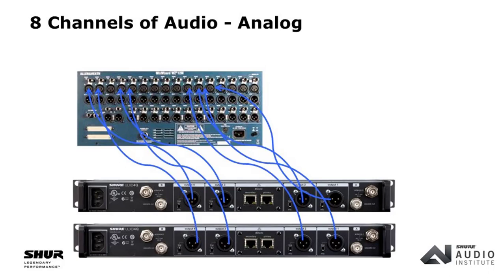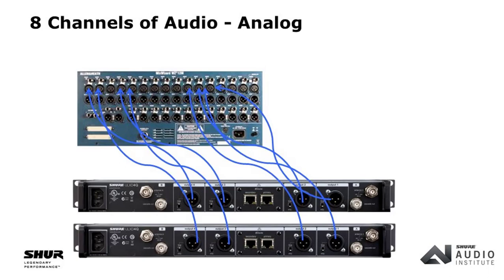So by way of comparison, if you had 8 channels of wireless microphone signals coming off of 2 receivers that you needed to connect to an audio mixer, and you were doing it all analog, you'd have to run a mic cable from your receiver to your mixer for each of the mic signals. So this would be 8 cables, making cable spaghetti to get between the receivers and the mixer, right?